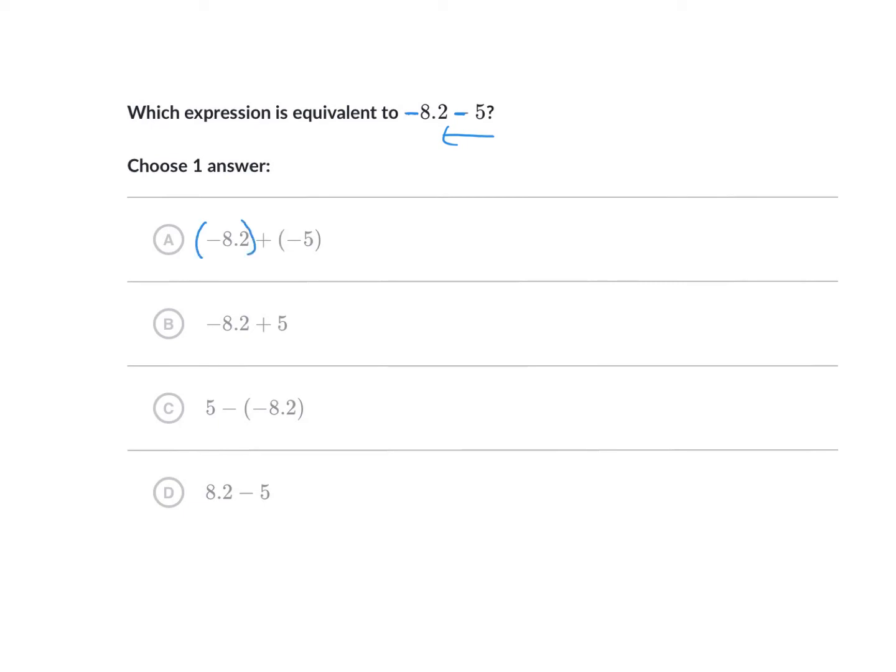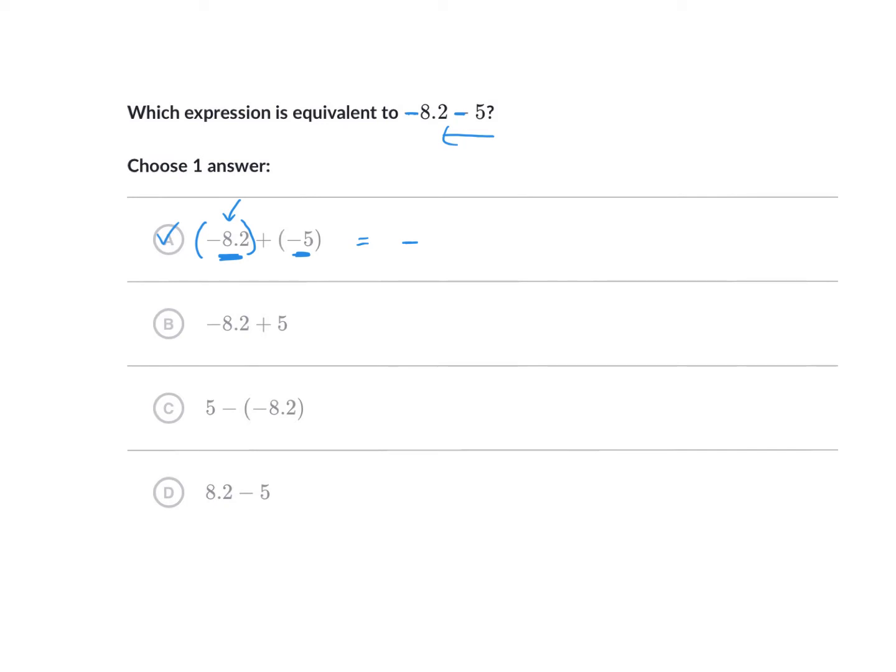Remember how we said you could put a little, sometimes we call that parentheses, a force field, to show that this is a negative sign. This still would be a negative and a negative, so my answer is a bigger negative. So this would be it. You don't have to solve here. You're just finding another expression, another way to rewrite these questions.